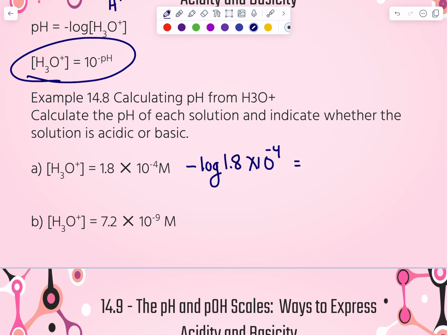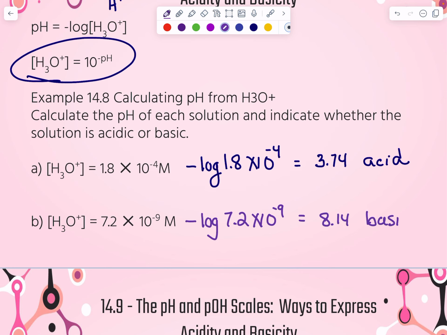When I do that, I'm going to get 3.74, and so that would be an acidic solution because it's less than 7. I do the same thing over here. The negative button, the log button, 7.2 times 10 to negative 9, and that is going to come out to be 8.14, which is a basic solution, right? Remember, we use that small but uppercase E to do those exponents there.